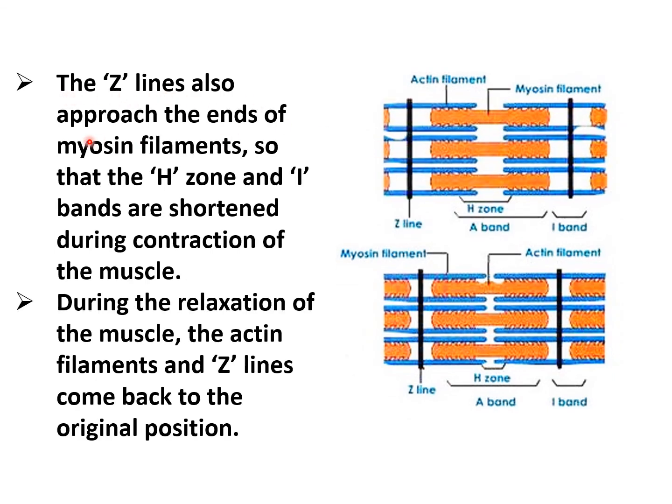The Z lines also approach the ends of the myosin filaments, so that the H zone and I bands are shortened during the contraction of the muscle fibers. Then during the relaxation of the muscle, the actin filaments and Z lines come back to the original position.